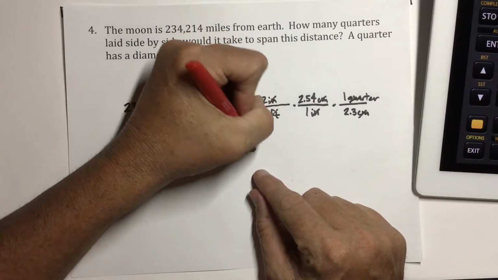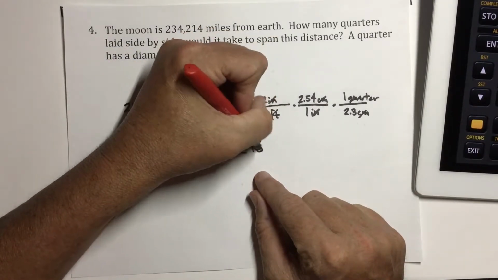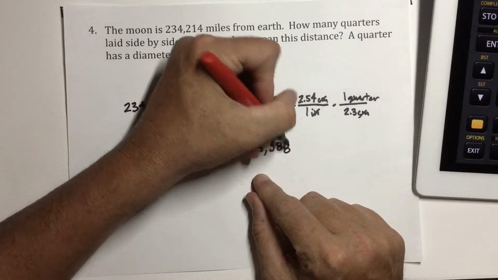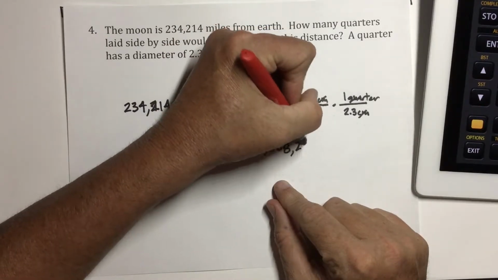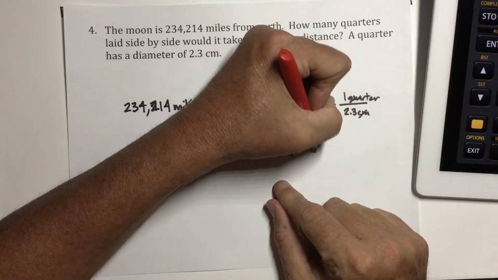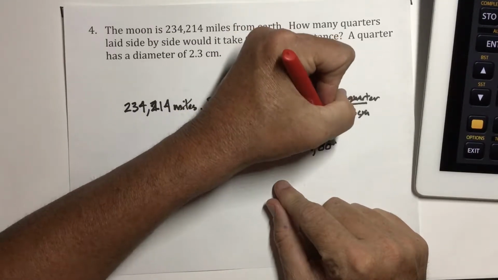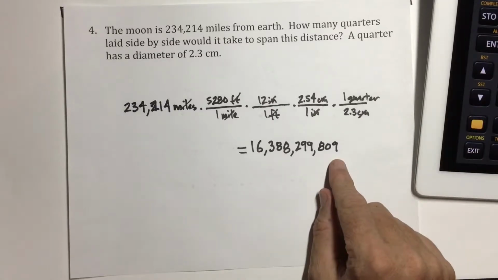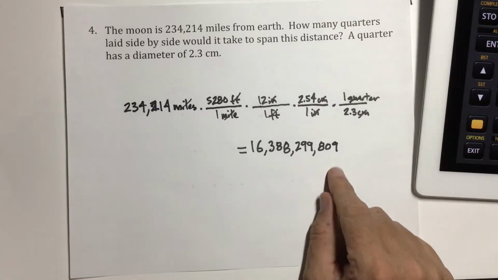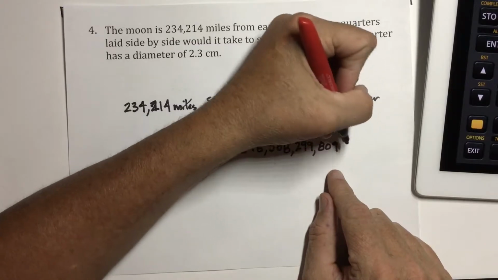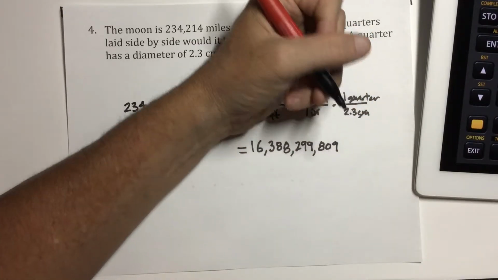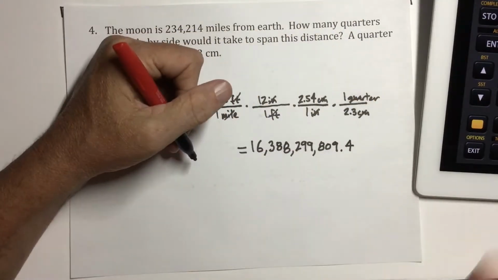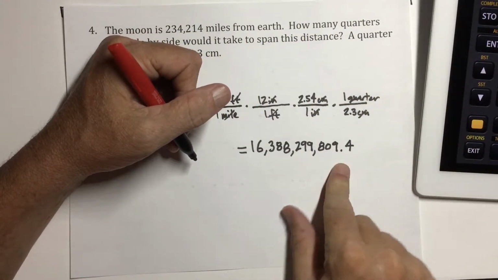Looks like I have 16 billion 388 million 299 809.4, but we can't have 0.4 of a quarter, so it'll be that many quarters. Well, actually, I need 0.4, don't I? Yeah, hang on a minute. That's the answer right there.